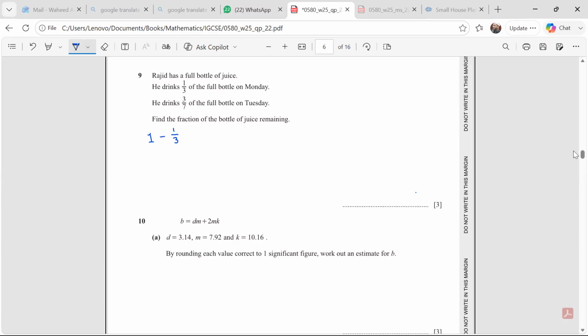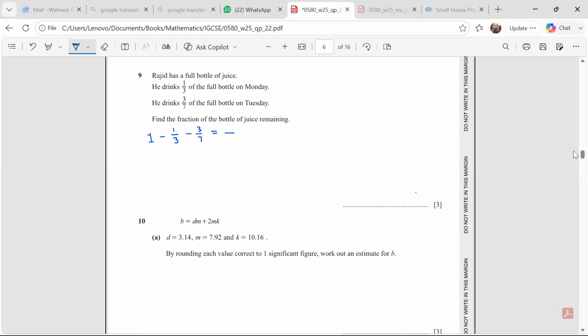Does it make sense or no? This will give you the amount of juice left after Monday. So on Tuesday, you have to subtract again, and this will give you the fraction of the bottle which is left after Tuesday. Okay, does it make sense or no?